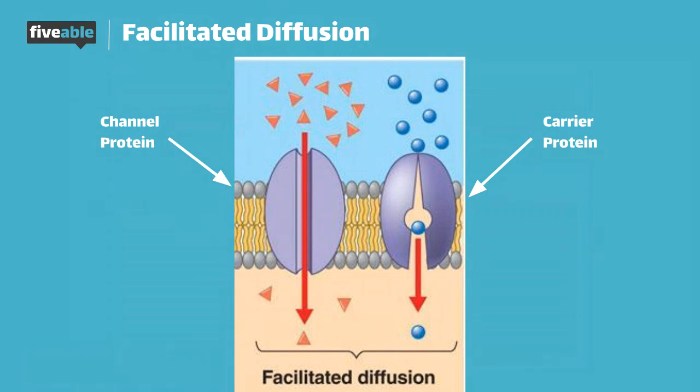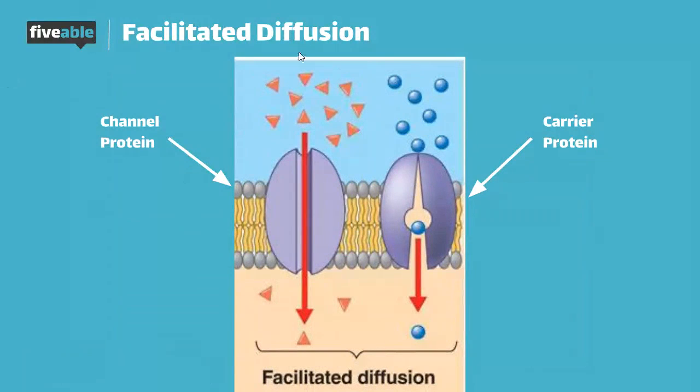But the facilitator here that's helping is either a channel protein or a carrier protein that's allowing those molecules that can't naturally make it through the plasma membrane to get through. Everything that has a charge, everything that's polar, will use these channel proteins or carrier proteins and go through the process of facilitated diffusion in order to get through the plasma membrane.